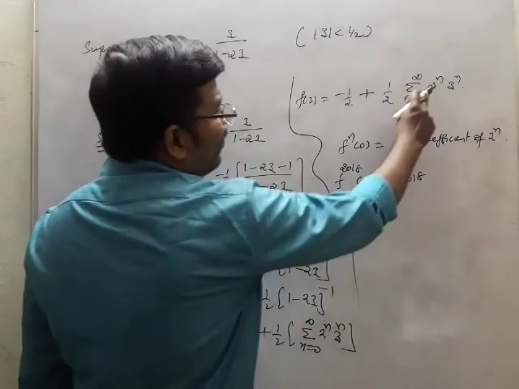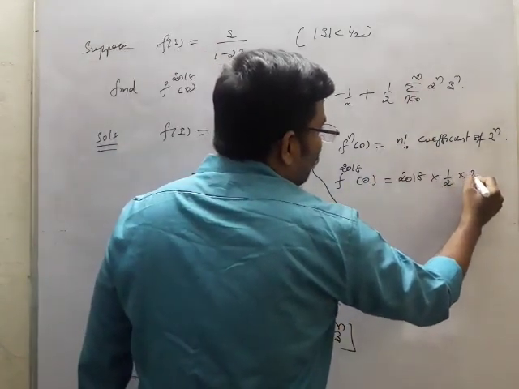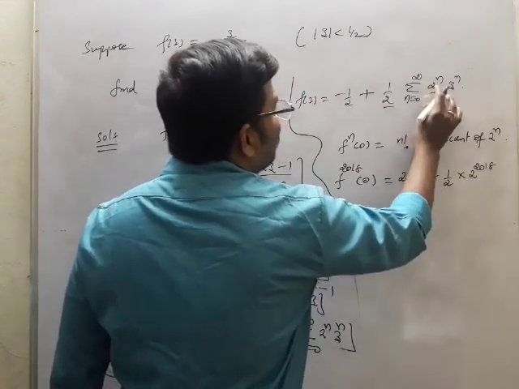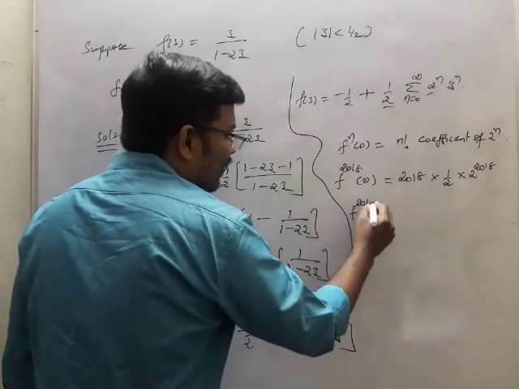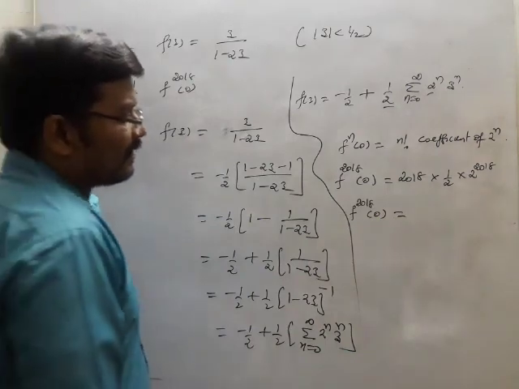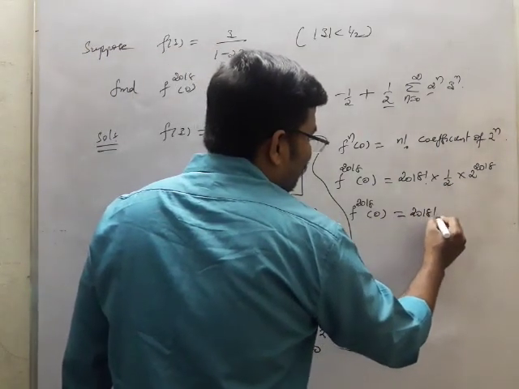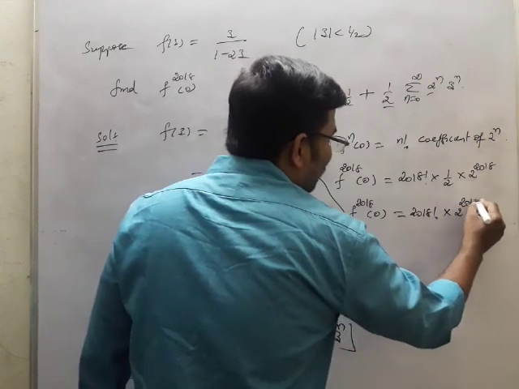So what is the coefficient of z power n? This is 1 by 2 into 2 power 2018. Now these two are the coefficient. So f power 2018 of 0 is equal to 2018 factorial into 2 power 2017.